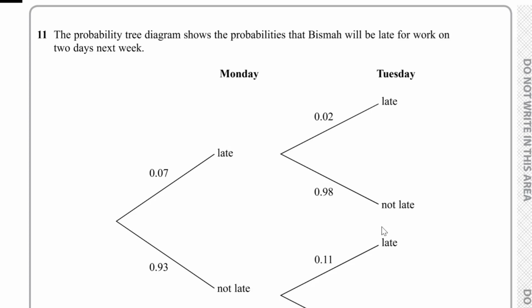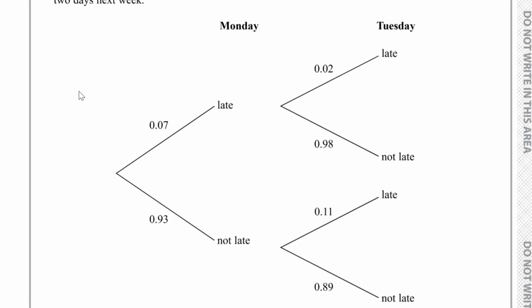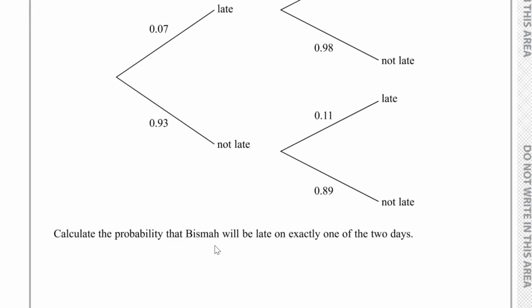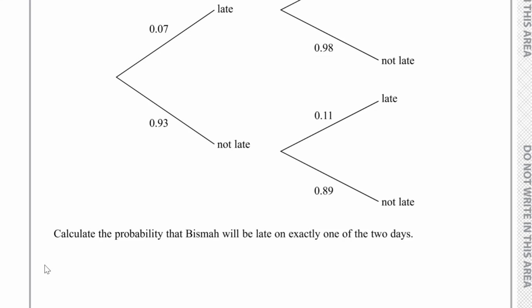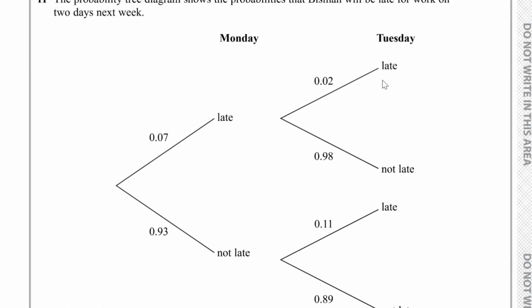Question 11. The probability tree diagram shows the probabilities that Bisma will be late for work on 2 days next week, and we have to calculate the probability that Bisma will be late on exactly one of these 2 days. So she can either be late on a Monday, so we're looking at the probability that she's late on a Monday, and she's not late on Tuesday.